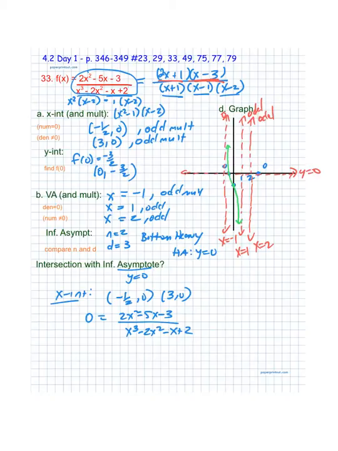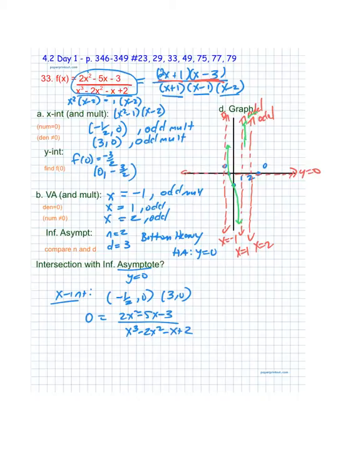1. When we go to the next vertical asymptote, let's go to the right of the vertical asymptote at x equals 1. X equals 1 has odd multiplicity, so if the graph is going down to the left side of x equals 1, that means it's going to be going up to the right side of x equals 1.